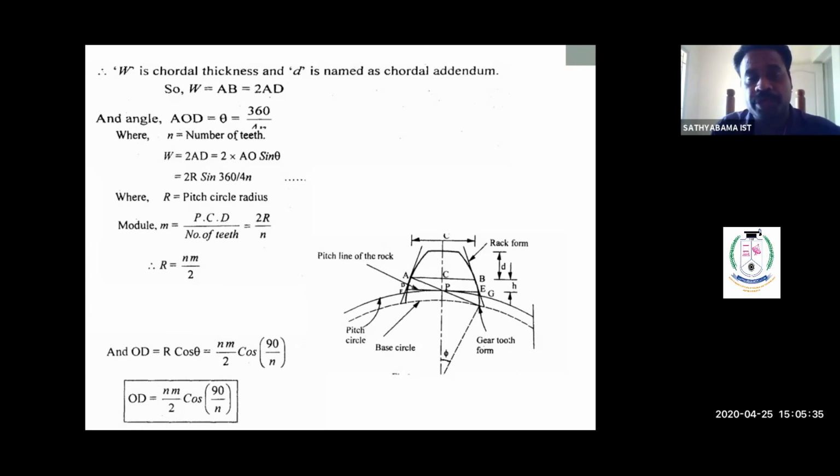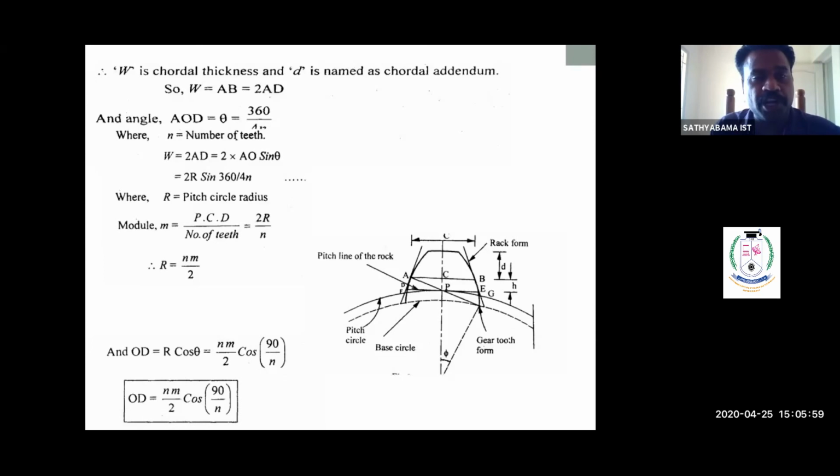So 2 times what is AD? If you look at the triangle AOD, AD is AO sin theta, because sin theta is AD by AO. Therefore W will become 2R sin theta, that is sin of 360 by 4n, where R stands for the pitch circle radius. What is module?